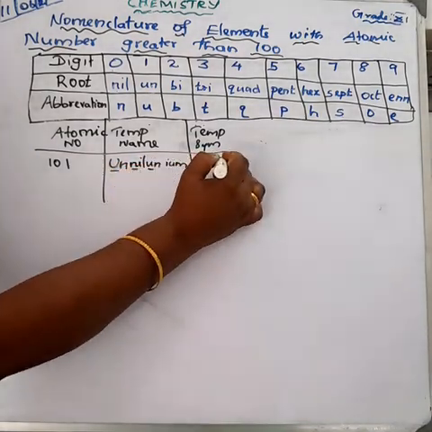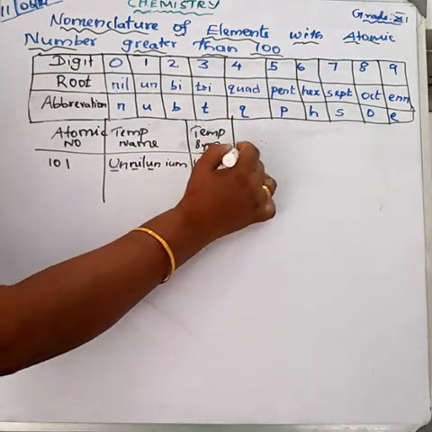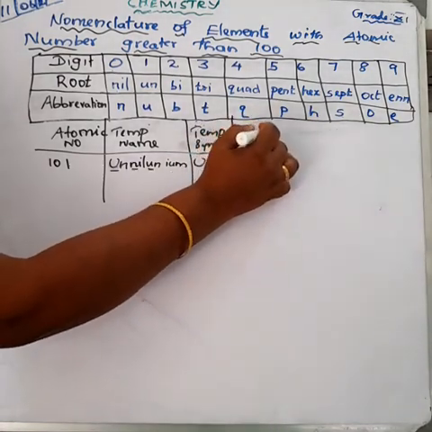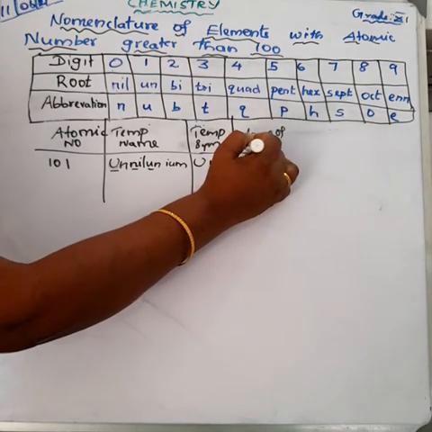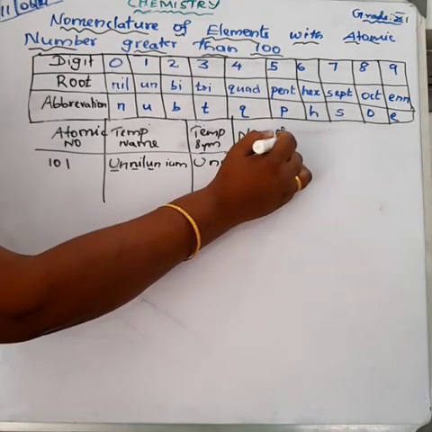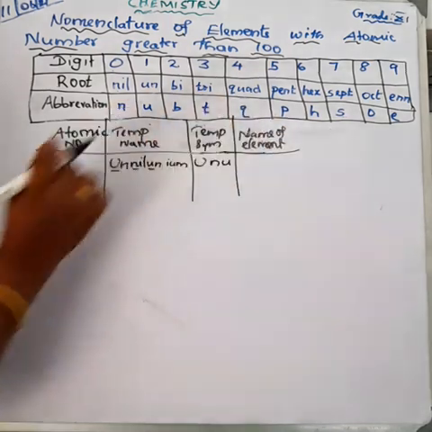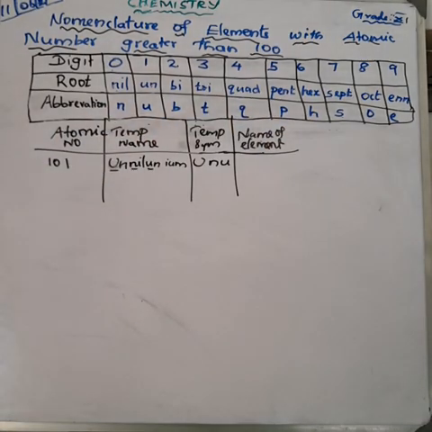Okay, here u, n and u. Okay, what is the name of this element, atomic number 101? What is the name of the element? For remembering Mendeleev, who is the father of the Mendeleev periodic table, you know.